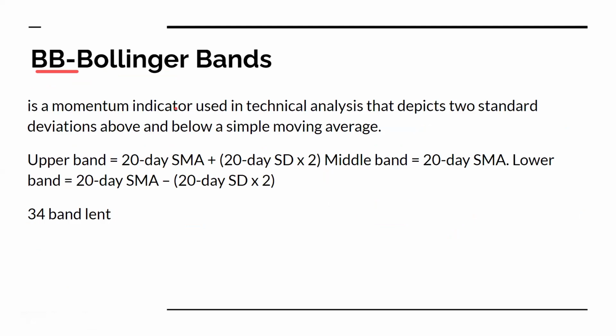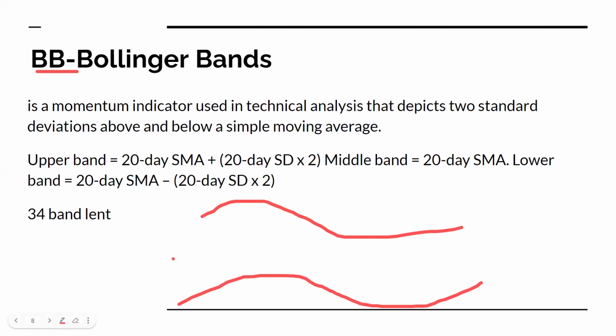It's a momentum indicator used in technical analysis that depicts 2 standard deviations above and below a simple moving average. Okay, this math, you may not need it, but I'm going to show you what they look like. Let's say these are the 2 Bollinger Bands, and this is some kind of moving average there.